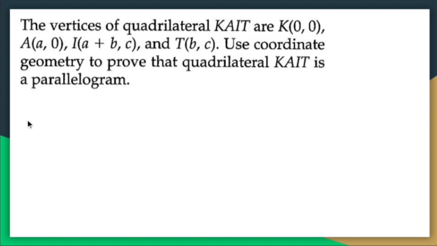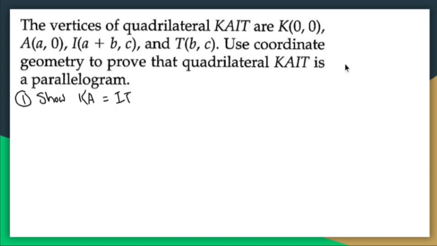Number one, I have to show that KA is congruent to IT. When I'm done with that, I have to show AI and KT are congruent.